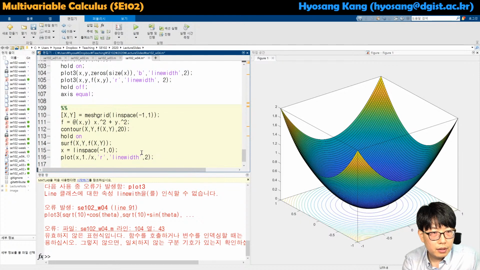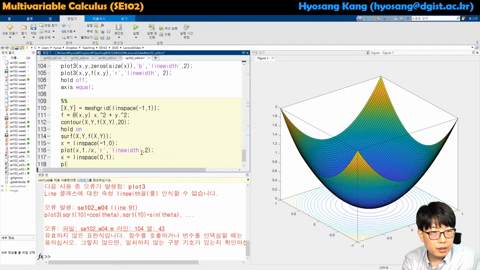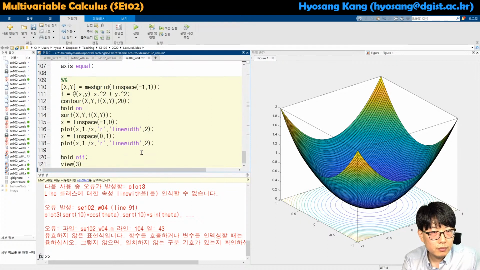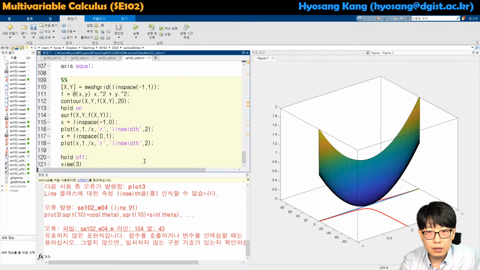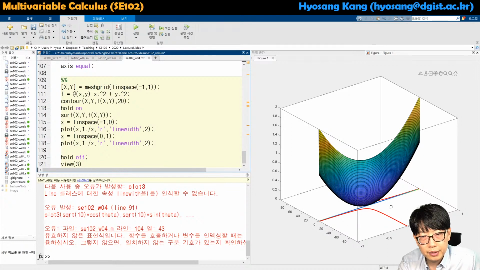And then I'm going to draw another one in space, 0 to 1, and plot x and line width as 2. That's not what I expected.